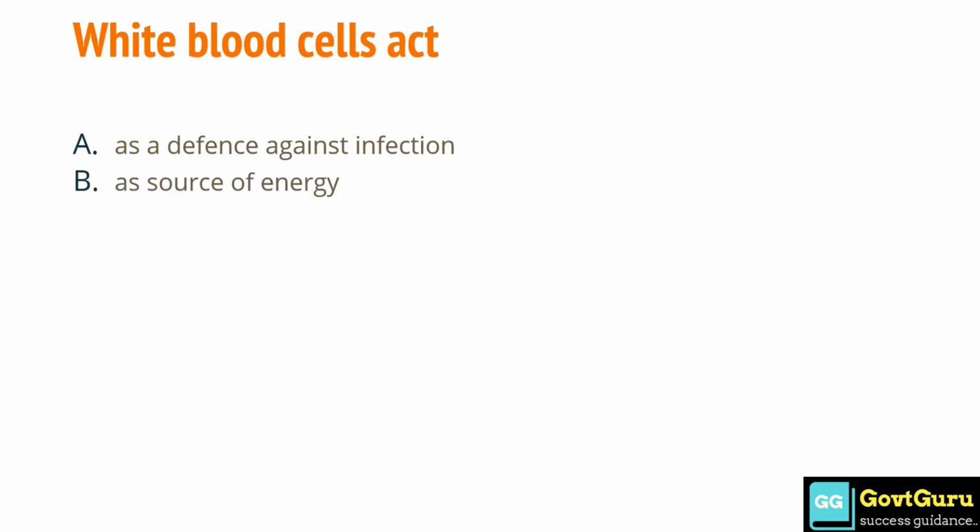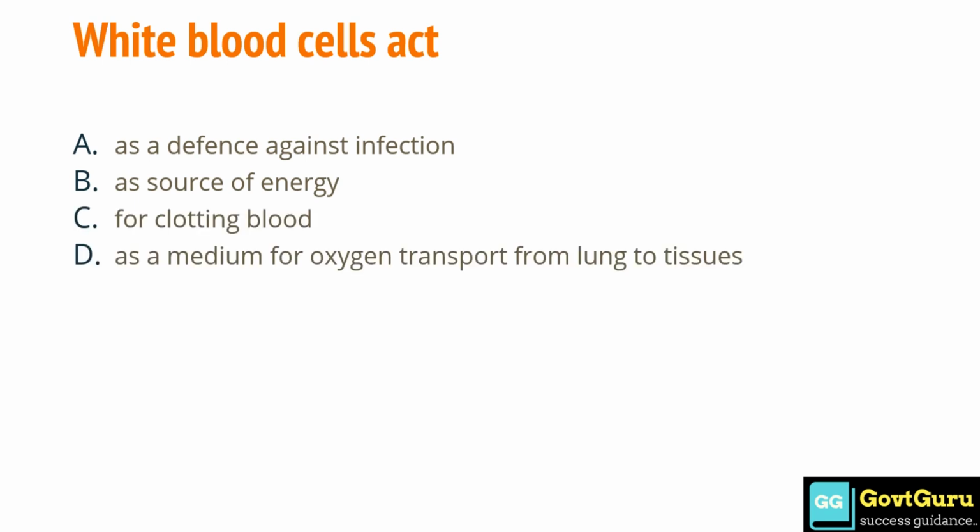The next question is white blood cells act option A as a defense against infection, option B as a source of energy, option C for clotting the blood, and option D as a medium for oxygen transport from lung to tissues. So the correct answer is option A as a defense against infection.